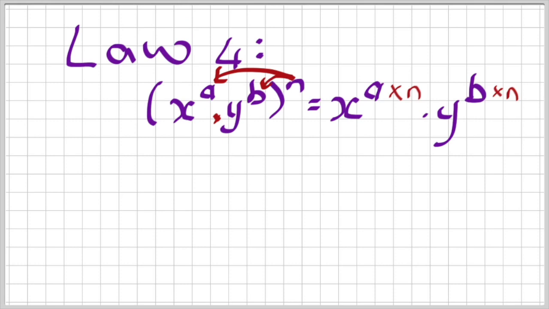And that, ladies and gents, is the 4th law of exponents. Not that difficult, but you must be very, very careful that you don't mess up your exponents and which ones are being multiplied by which ones.